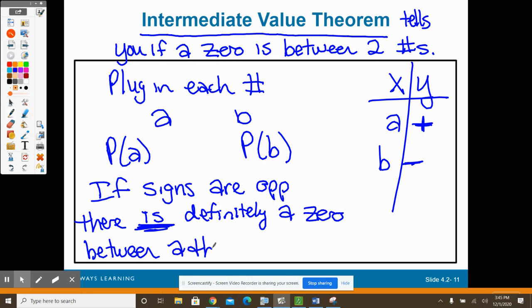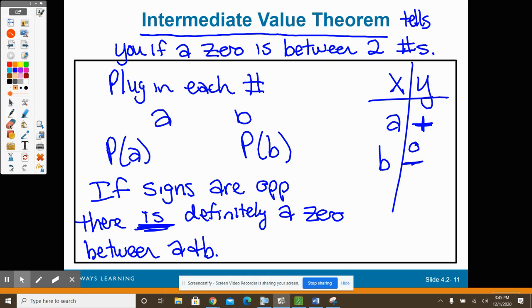And we use this all the time. If you can't quite find the 0 looking on your table, and you see it went from plus to minus, let me start my table at A and make my steps smaller so I can maybe find where the 0 happens. Because if it goes from a positive number to a negative number, 0 has to be in between. So the signs are opposite. There is definitely a 0 between A and B.